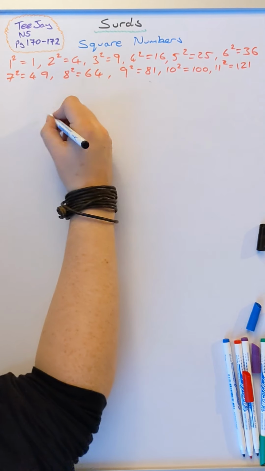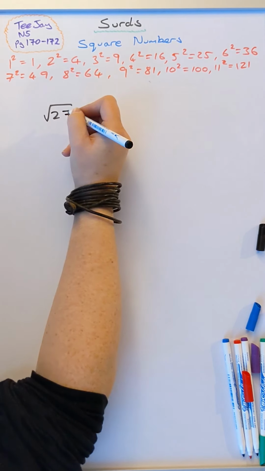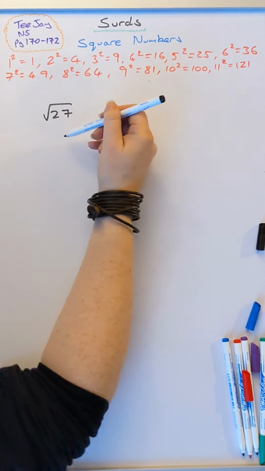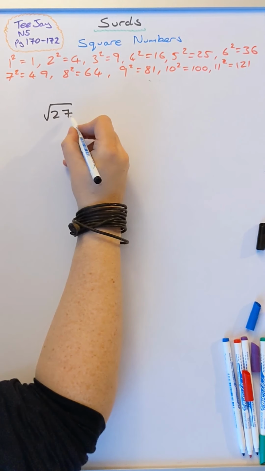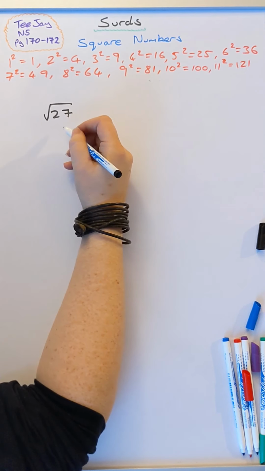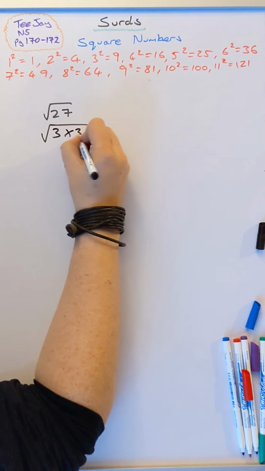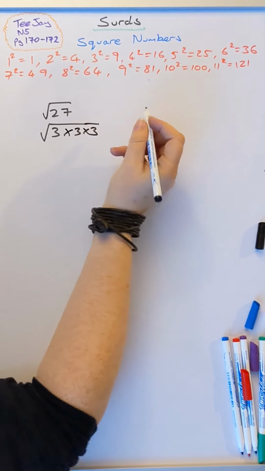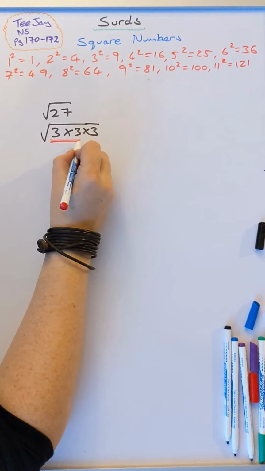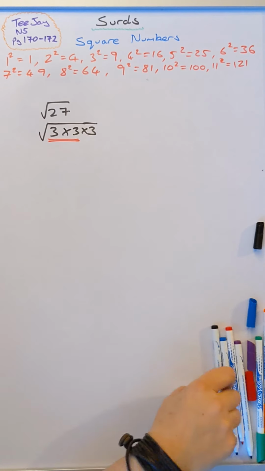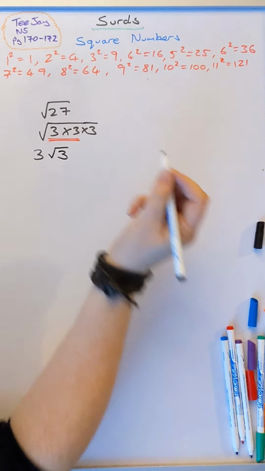So if we were given root 27 and asked to simplify it, we would know that 27 is 3 times 9, which could be written as 3 times 3 times 3. There's my pair. So I bring that out the front, I have 3 root 3.